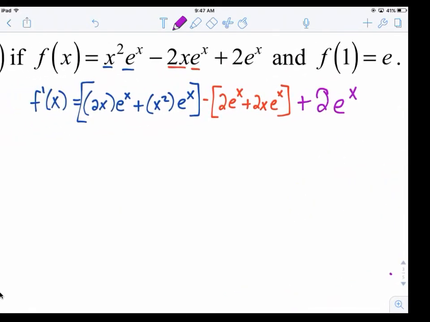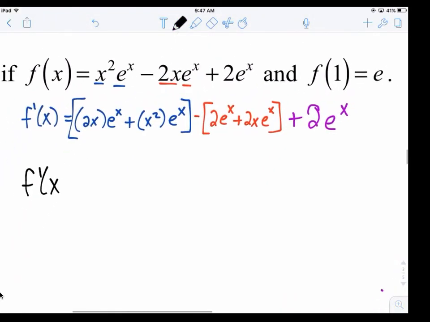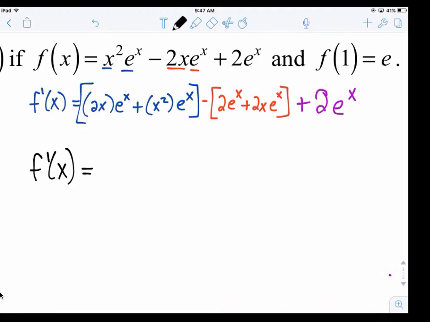Okay, so simplify. So we got f prime of x. I have 2x e to the x minus 2x e to the x. Bye-bye.